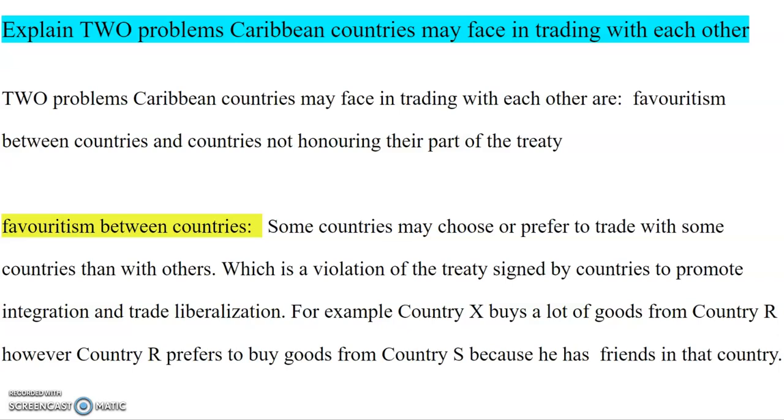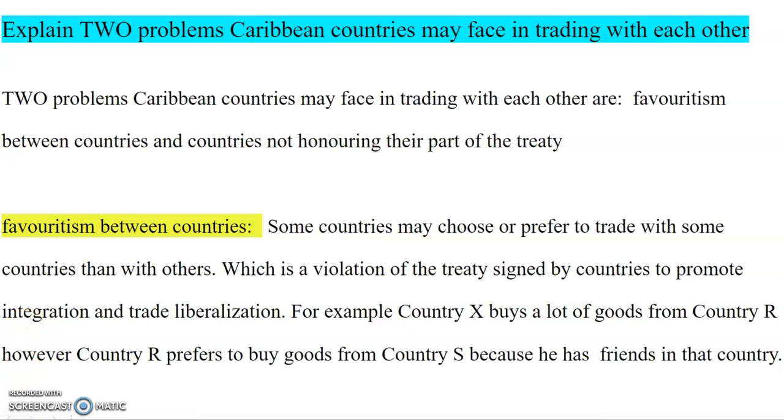For example, country X buys a lot of goods from country R. However, country R prefers to buy goods from country S because he has a lot of friends in that country. So this is a violation of the treaty that was signed by Caribbean countries to promote integration and also to promote trade liberalization.